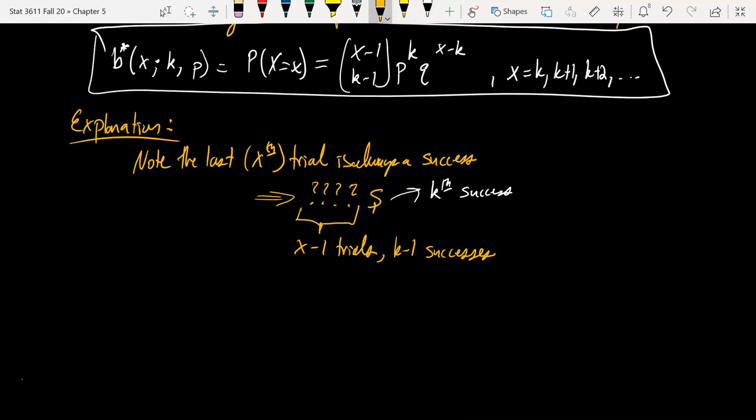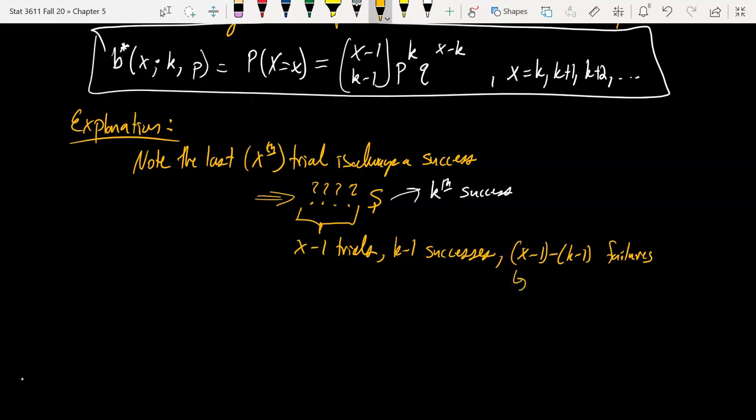So there are k minus 1 successes somehow interspersed into the previous x minus 1 trials. And so if we have x minus 1 trials, and k minus 1 of them are successes, then the difference of those numbers would be failures. There would be (x minus 1) minus (k minus 1) failures, right? What is x minus 1 minus k minus 1?